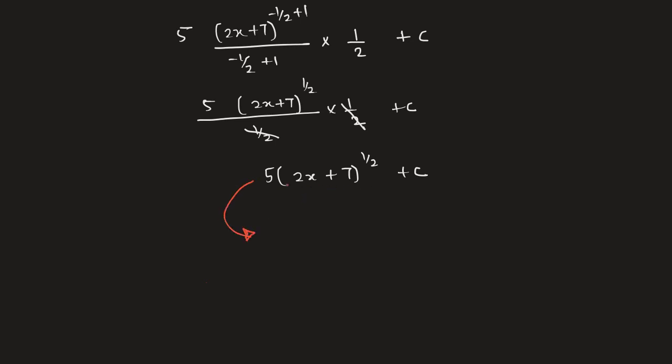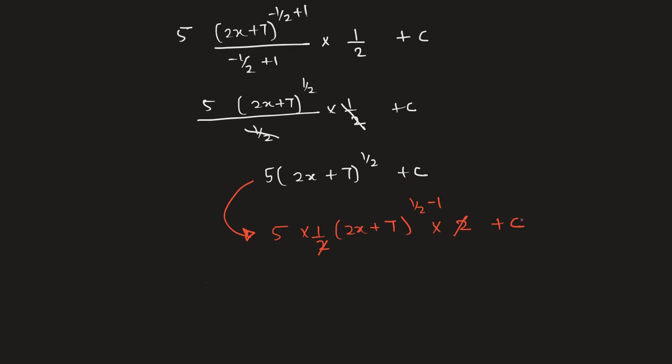If I have to differentiate this, I should get the same function from where I started. Let's differentiate. 5 is a constant, we can keep it outside. Now differentiation of this would be half comes in multiplication, (2x plus 7) to the power half minus 1. Now differentiation of the inside is 2, plus c. Now this 2 and this 2 get cancelled.